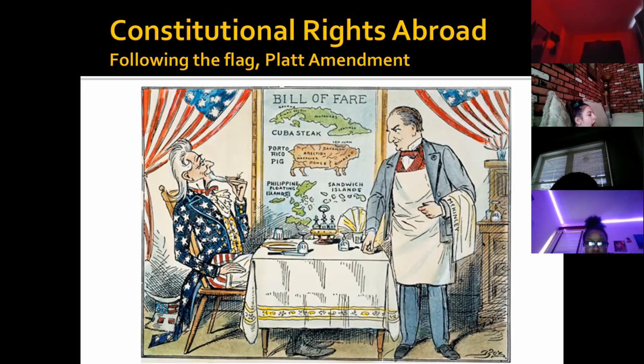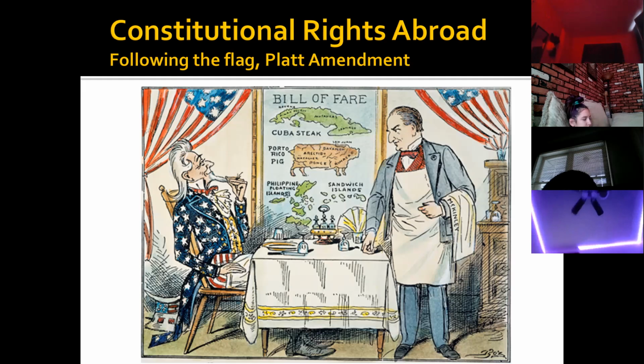So again, some Americans are so angry that they form an Anti-Imperialist League, which is actually founded by somebody that you might remember, William Jennings Bryan, the leader of the Populists.